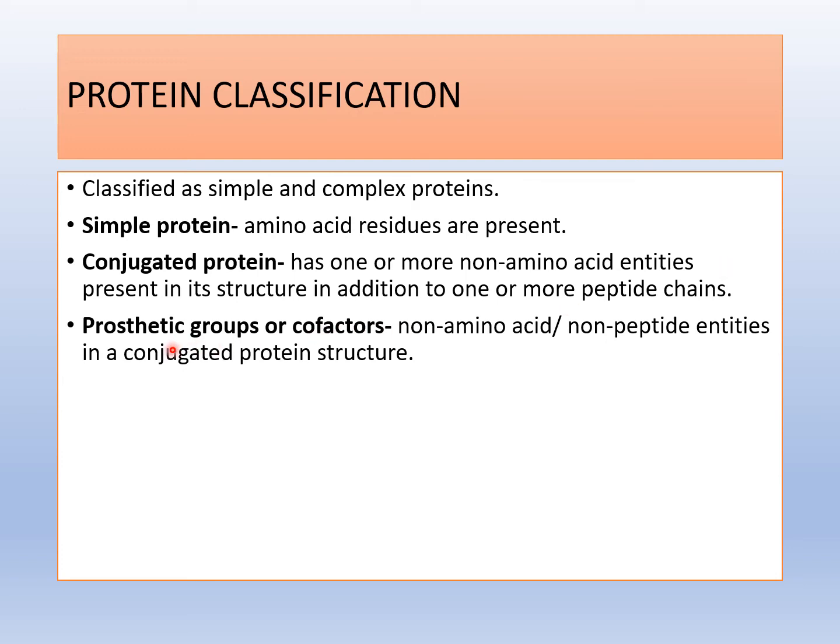Prosthetic groups or cofactors are non-amino acid or non-peptide entities in a conjugated protein structure. So later we will see the different examples of simple protein, conjugated protein, and prosthetic groups or cofactors.